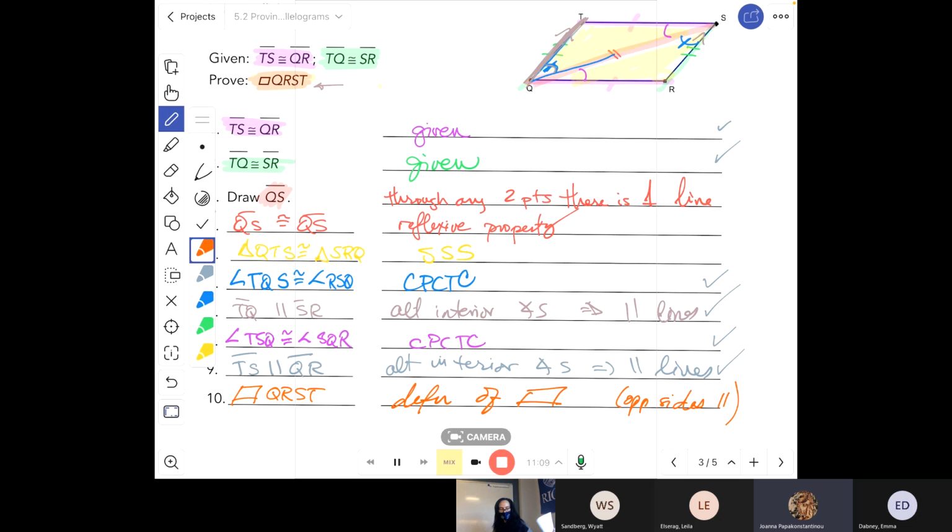Why couldn't you do the one we just did earlier, if two opposite sides are both congruent and parallel, because we have them? You can, absolutely, if I only use the first two steps.